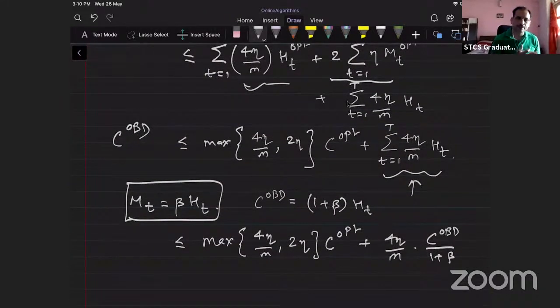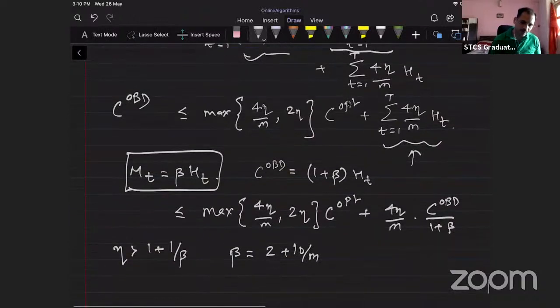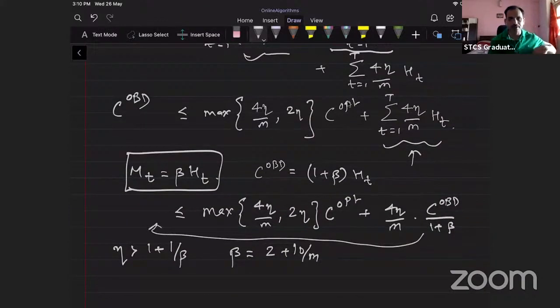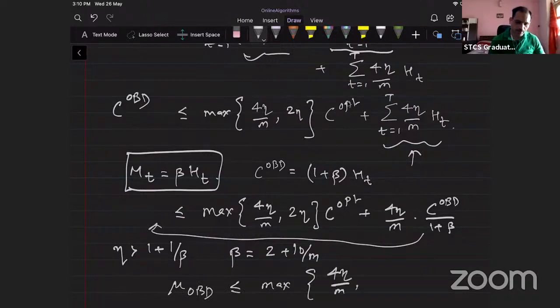So finally, remember our choice is eta to be greater than 1 plus 1 by beta, and you make another choice of beta to be 2 plus 10 by m. So now you can move this guy over here because they're common terms. So you get the competitive ratio of OBD to be at most max of 4 eta by m comma 2 eta.